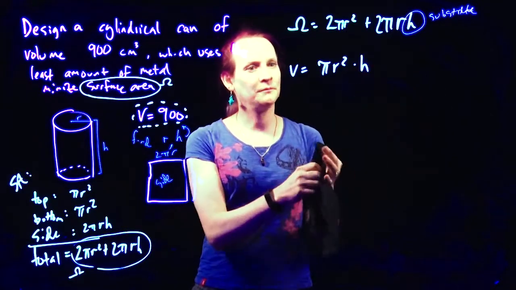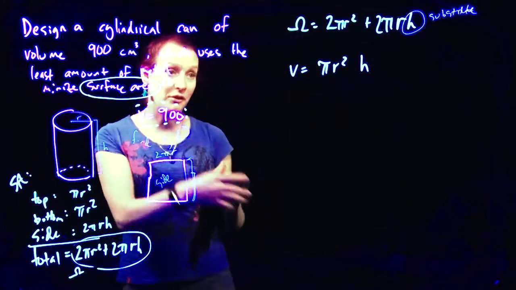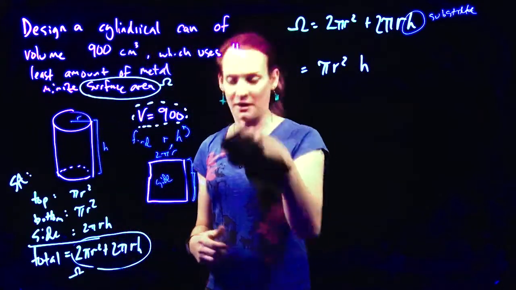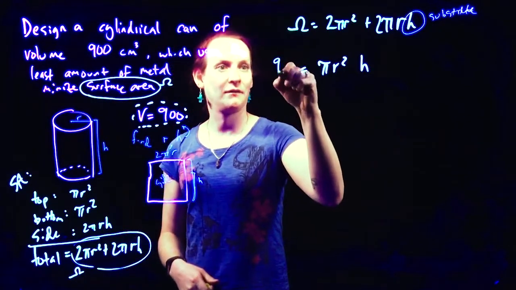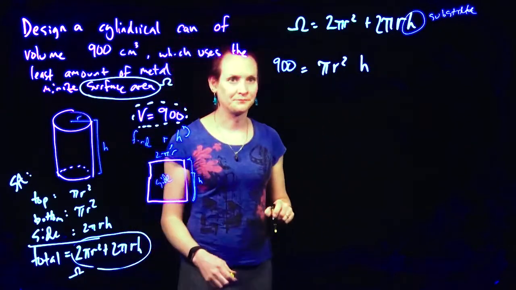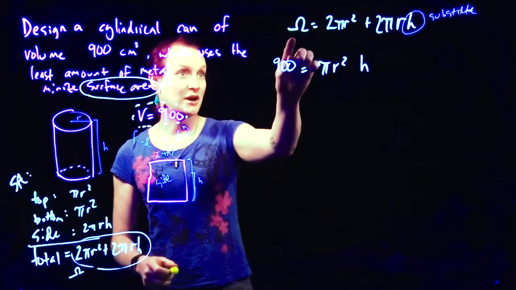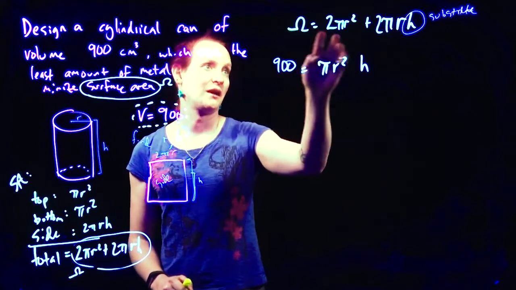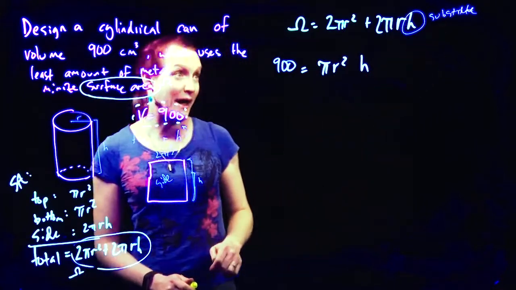Don't need that. Don't need that. Oh, and check it out. I happen to know that the volume has to be 900, so I know that I have to have 900 right here. My objective function is this. It's multivariate. It's got an h in it, which I want to substitute away.